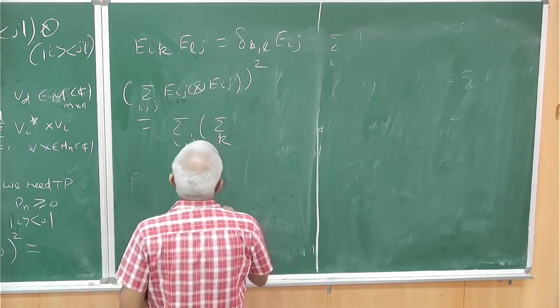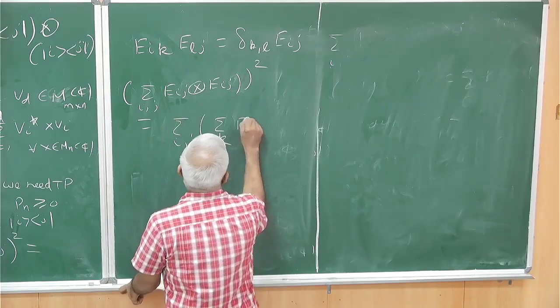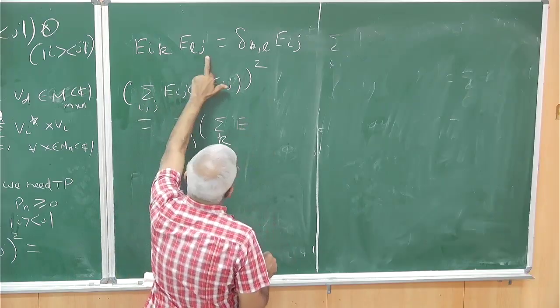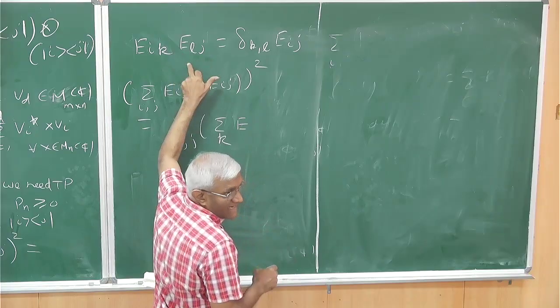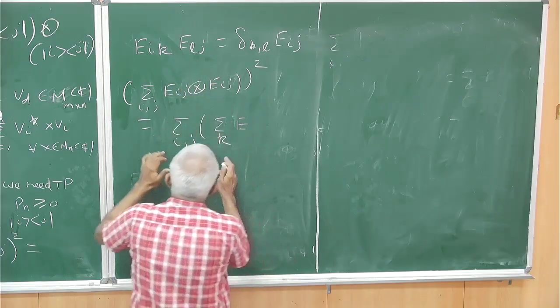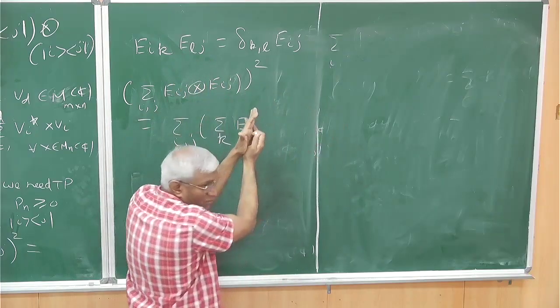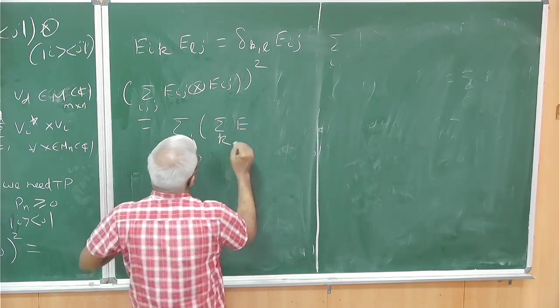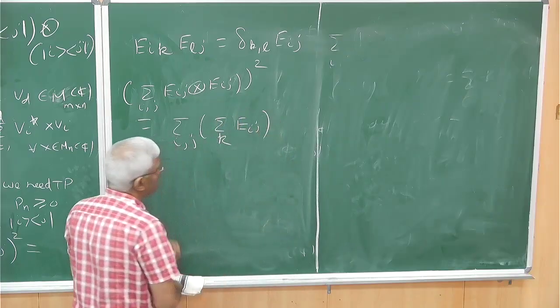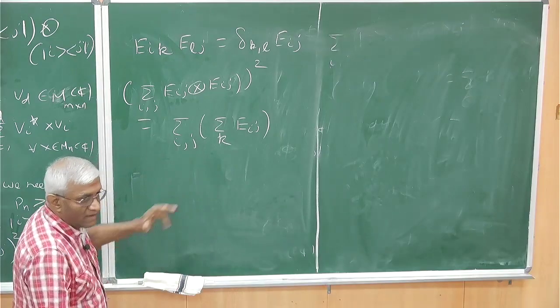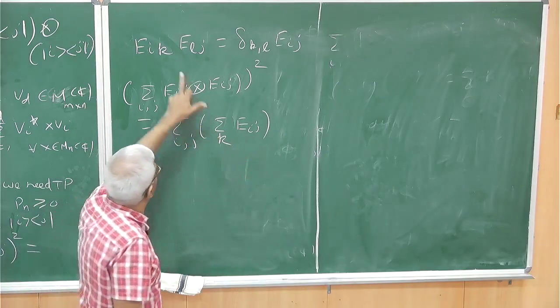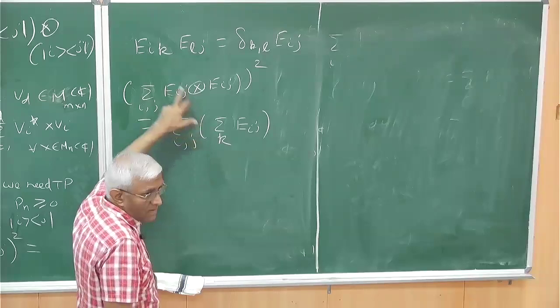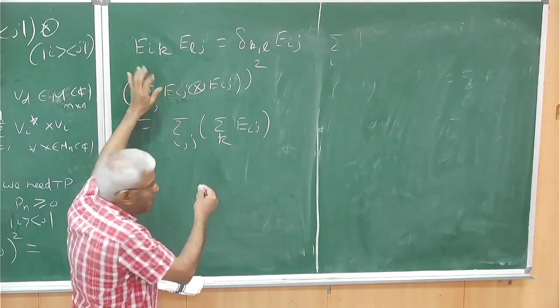So it will be the sum over k of E_ik E_kj, which is Eij again. The corresponding tensor will compose with the corresponding tensor. I'm just skipping this one step. This is clear, I believe. You just write it, it's an exercise.